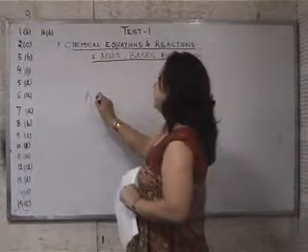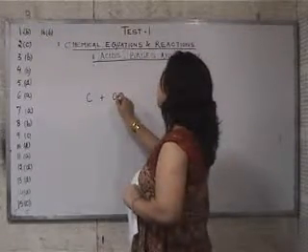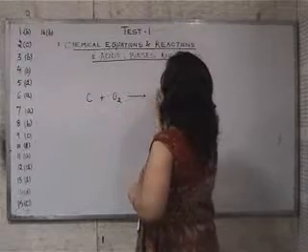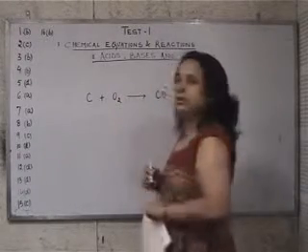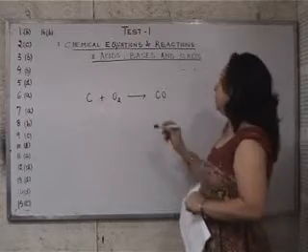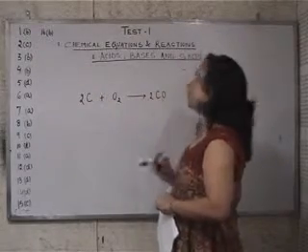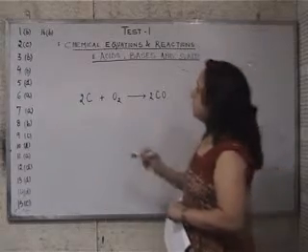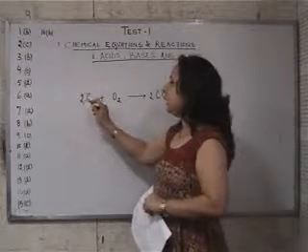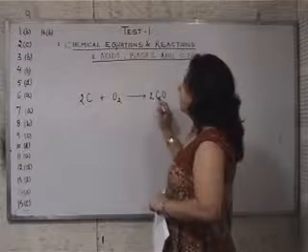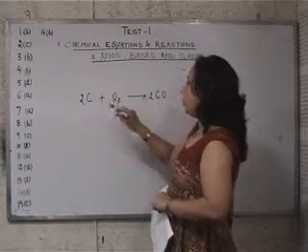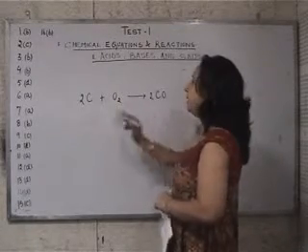For example, if you want to balance carbon plus oxygen giving carbon monoxide, we should have 2 carbon monoxide. Balancing is based on, if there are 2 carbon on left, we should have 2 carbon on right. 2 oxygen on left, 2 oxygen on right.